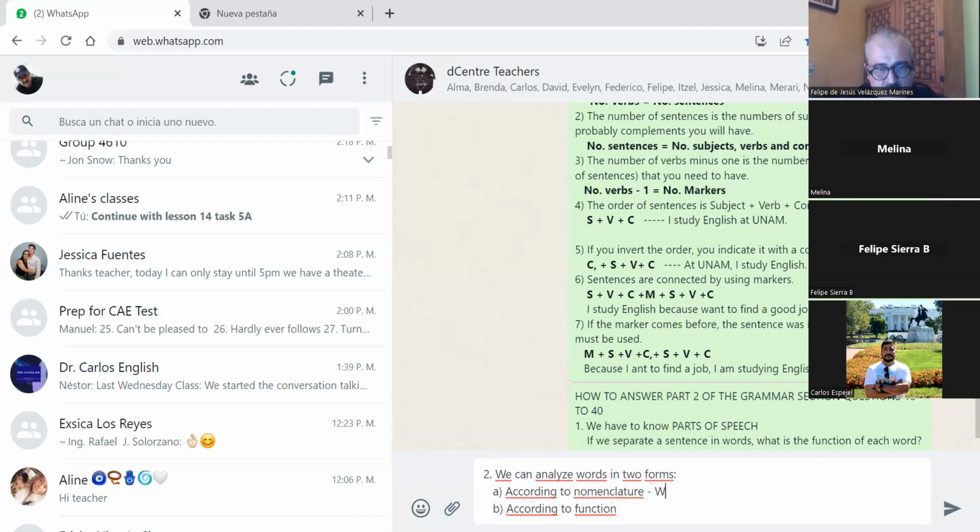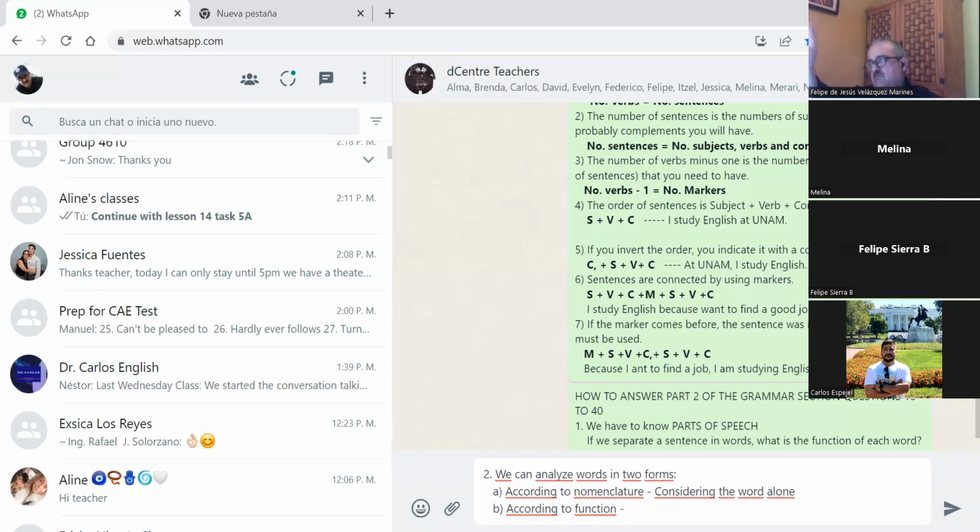Considering the word alone, as in a dictionary. Play. What is the general use of play? It's a verb. As in a dictionary, what is the first definition of play?